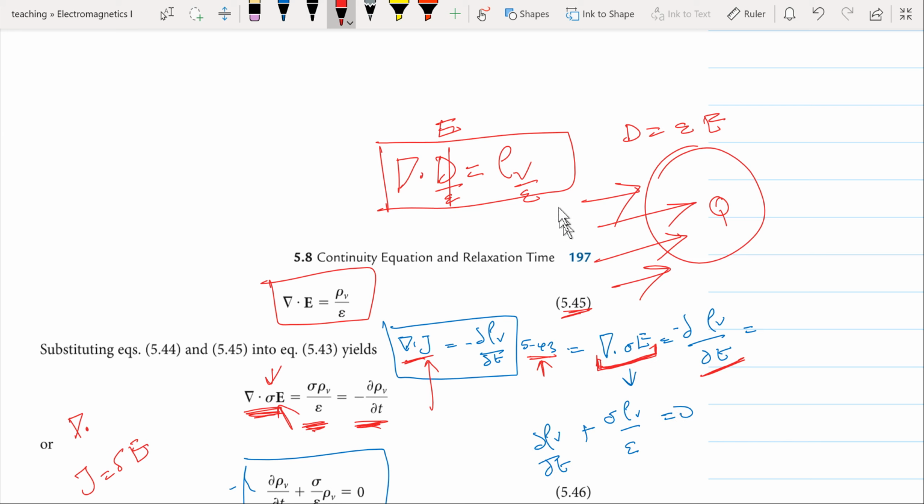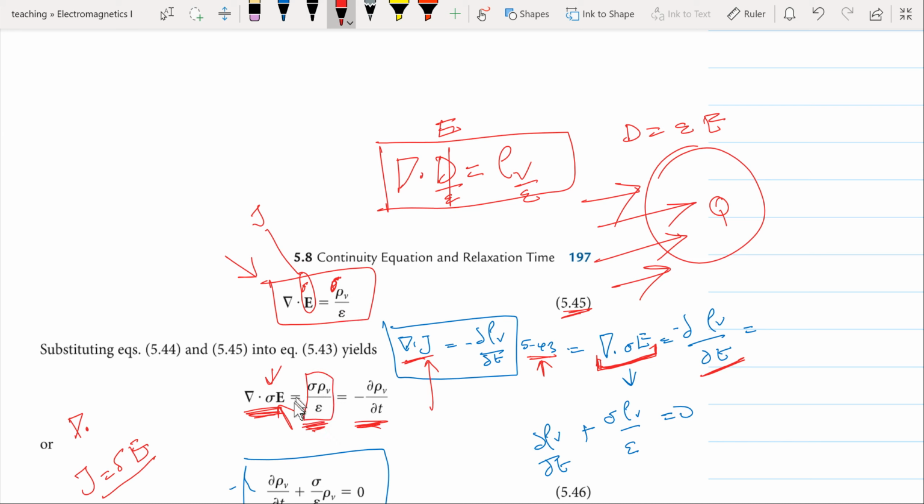From equation 5.45, we simply say that we know this to be true, and since we want our equation in this form, if you introduce sigma E on both sides, you have this term being equivalent to J. Therefore on our left we have sigma E, and on our right we have sigma rho v over epsilon, and this is how we get that term here.